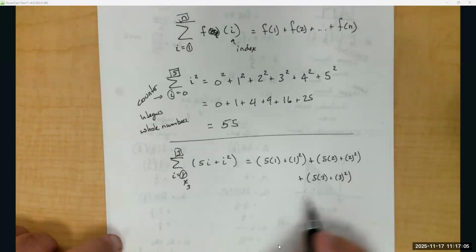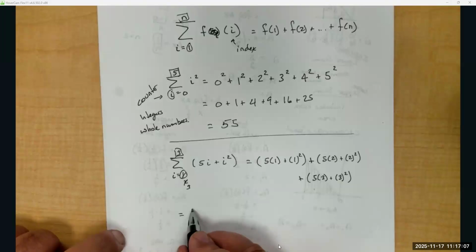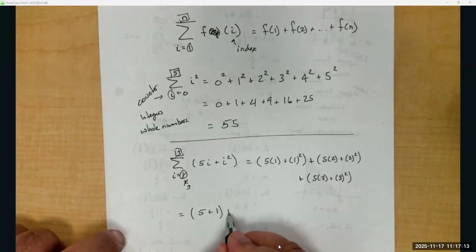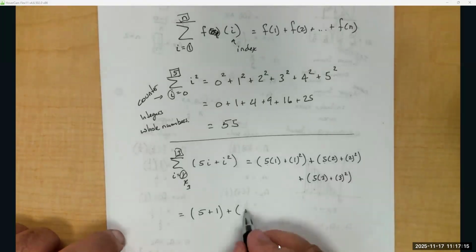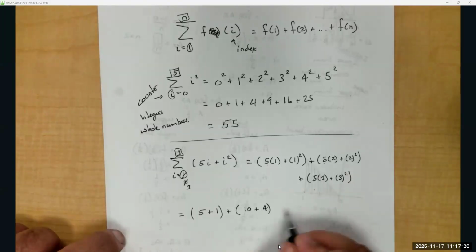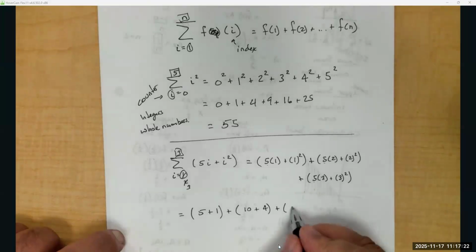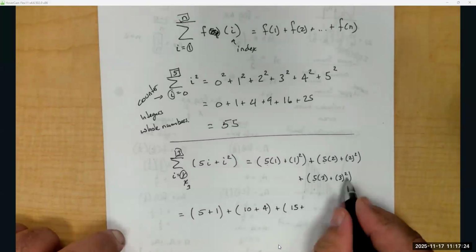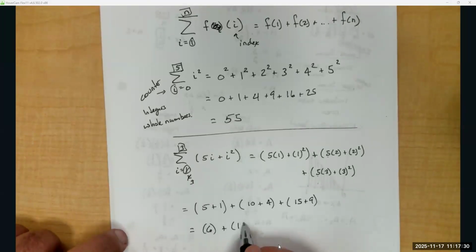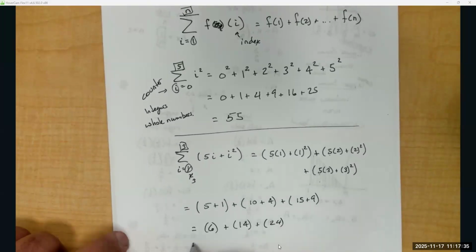So once I put the values in there, I work them out. 5 times 1 is 5. 1 squared is 1. 5 times 2 is 10. 2 squared is 4. 5 times 3 is 15. 3 squared is 9. 6 plus 14 plus 24.